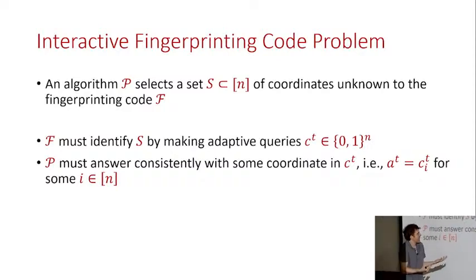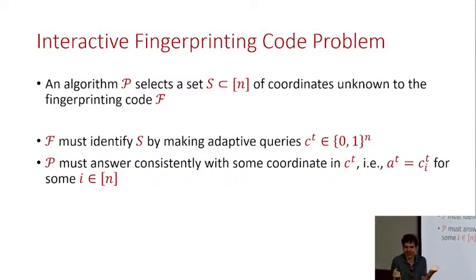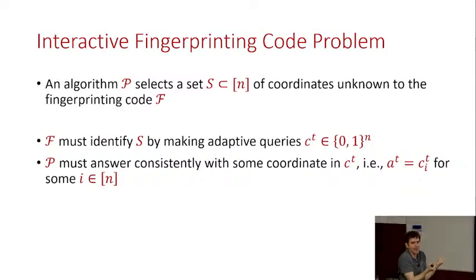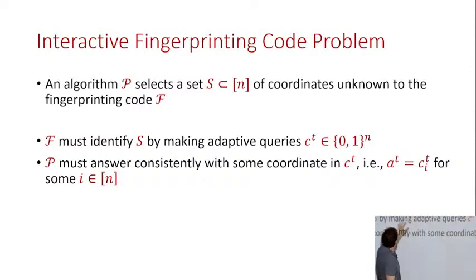And the only time that's not the case is if the query is all zeros or all ones. In that case, it actually has to output 0 in the first case and 1 in the second case. But otherwise, it can output anything it wants. But it only gets to see the values of the query restricted to the subset S.